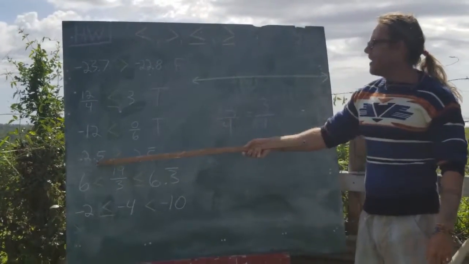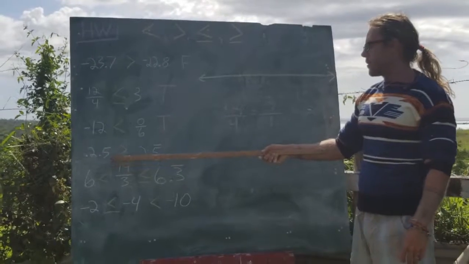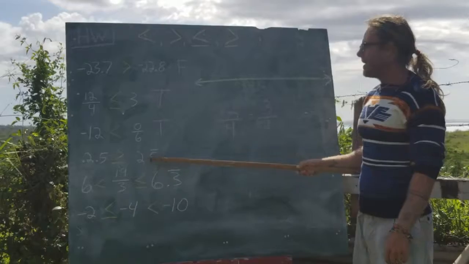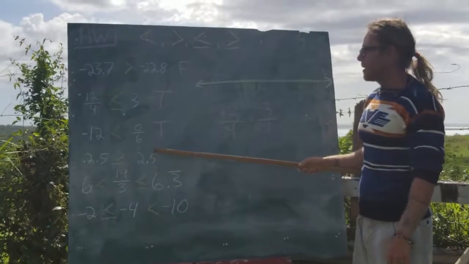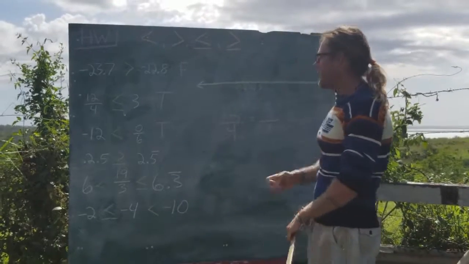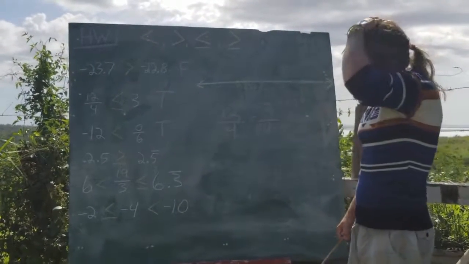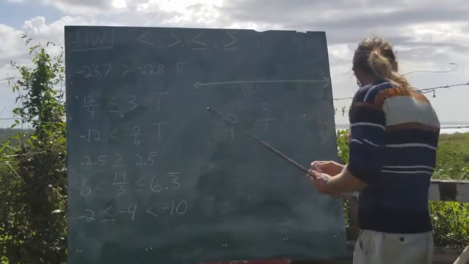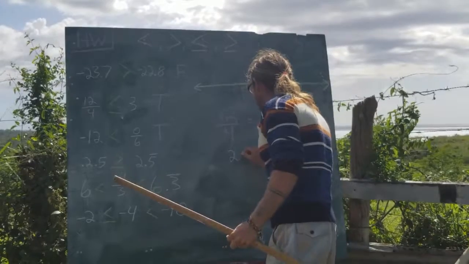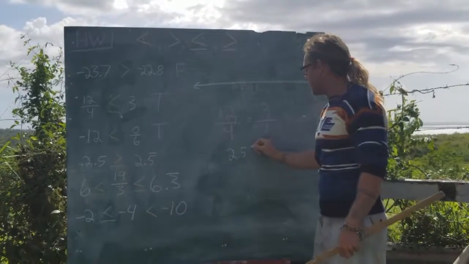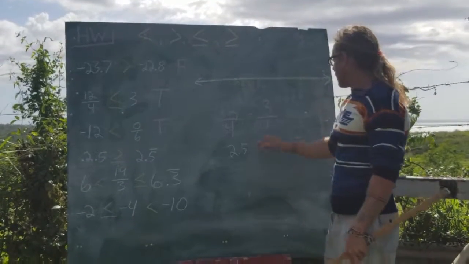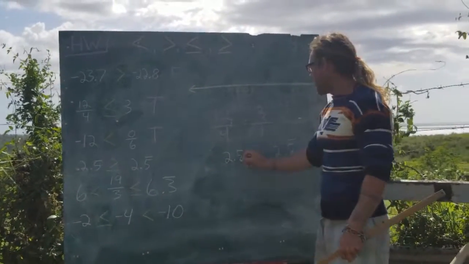All right, how about 2.5, another rational number, is greater than or equal to 2.5 repeated? Remember our repeating bar, 2.5555555. Well, these are very close, aren't they? But which one is greater? If we were to expand the decimals, we have 2.5 and 2.5 repeated. The tenths spot is the same, they're equivalent.